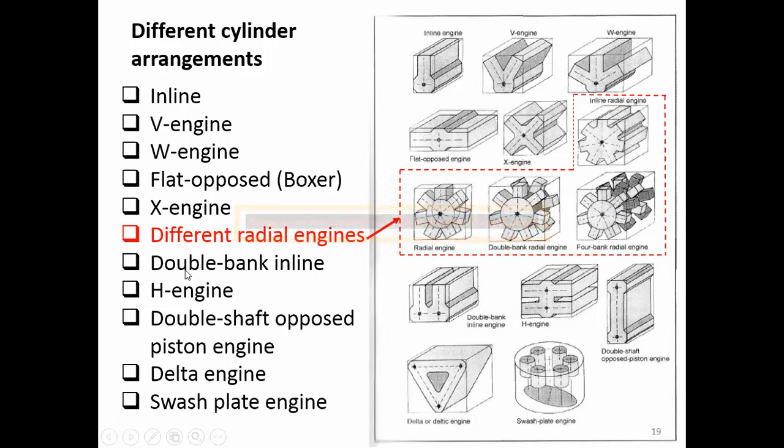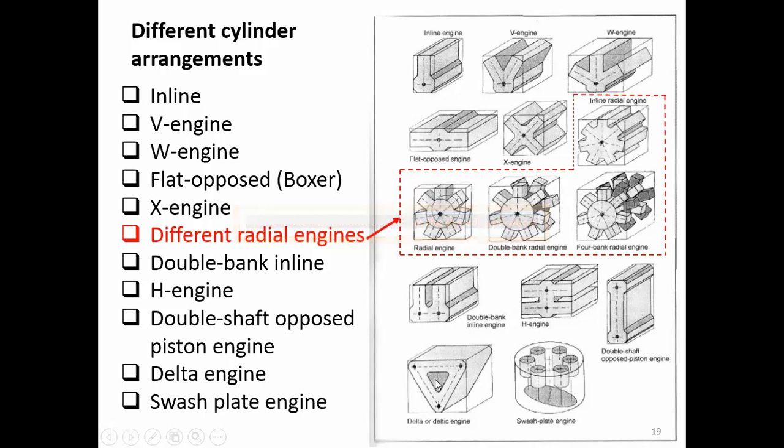You have a double bank inline. Instead of just one line inline engine, you have two inline engines right here. Same as the H engine, which is a double flat opposed or boxer engine. And a double shaft, it's hard to see how it works here, but I will show you later on. You have a delta engine.